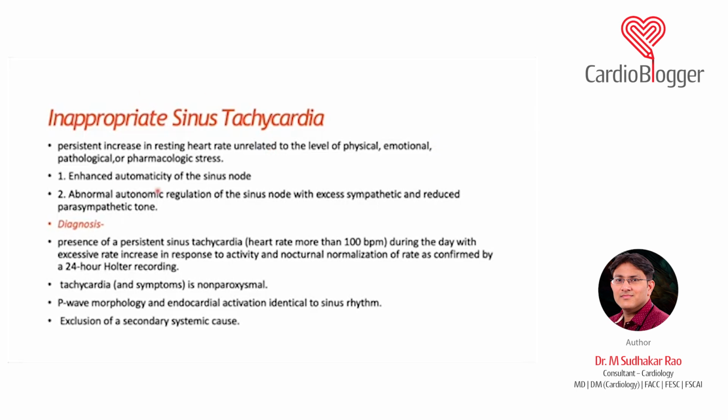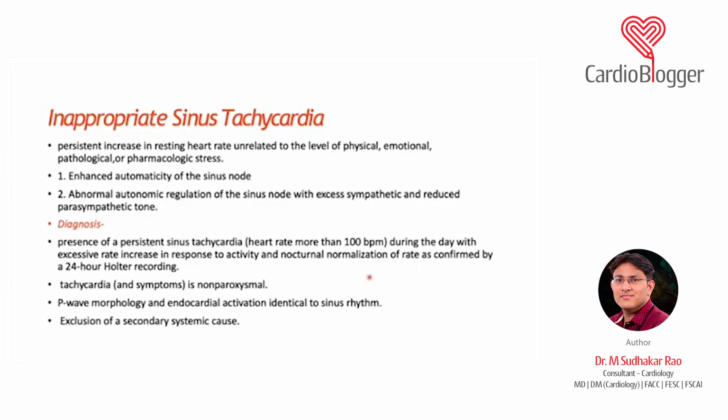And why does this happen is, as I already discussed in previous classes, the mechanism remains automaticity. That is why sympathetic stimulation increases the rate of sinus tachycardia and vagal stimulation decreases the rate of tachycardia. And how do you diagnose is the presence of a persistent sinus tachycardia, heart rate more than 100 beats per minute during the day, with excessive rate increase in response to activity and nocturnal normalization.